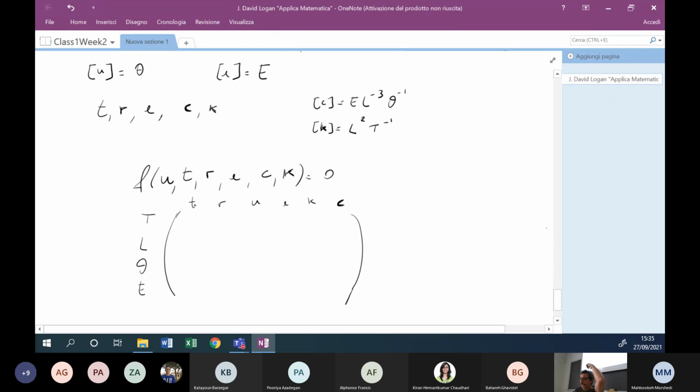So for example, time has the dimension of time, so it appears in this matrix in this way. And then r, the distance from the center, has the dimension of a length, so it appears like that.